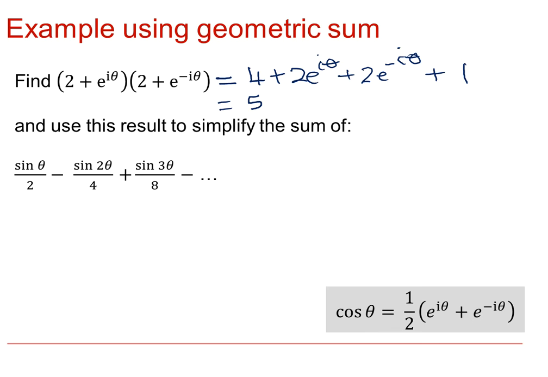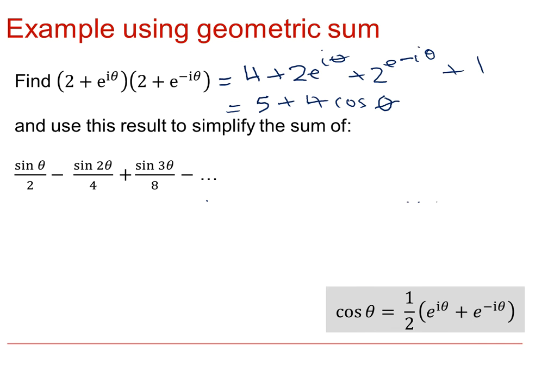And we can rewrite that as 5 plus 4 cos theta using this formula down here, which we should now be becoming familiar with. I want to choose a geometric progression C plus iS, where the imaginary terms, the S terms, are these.